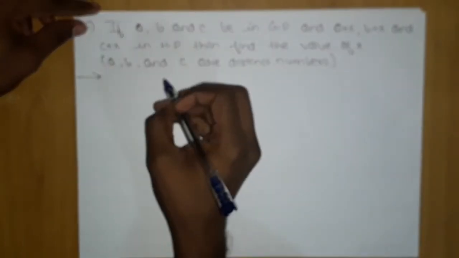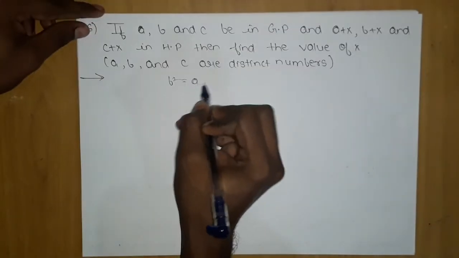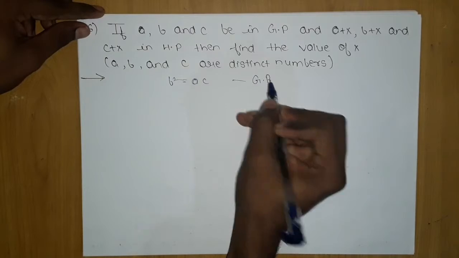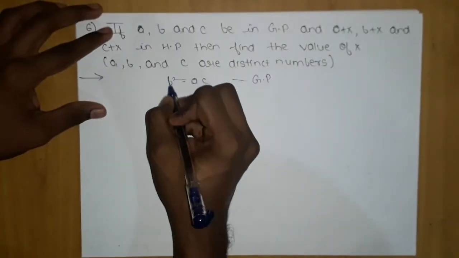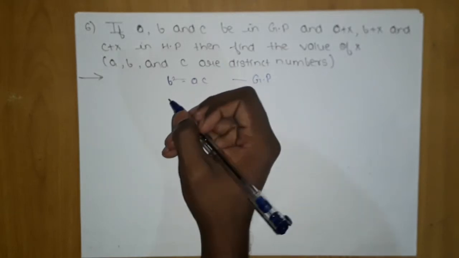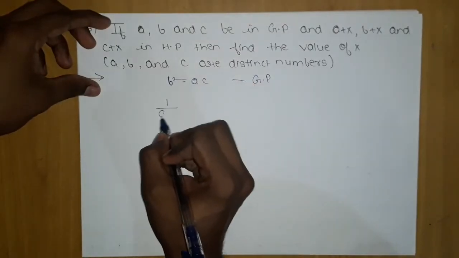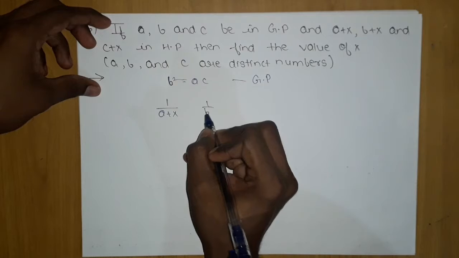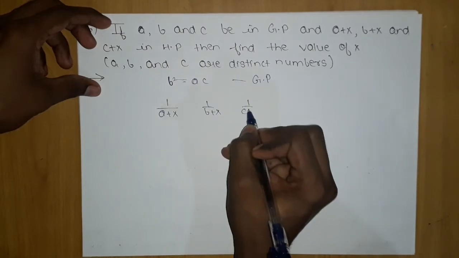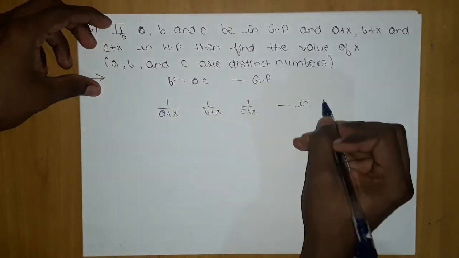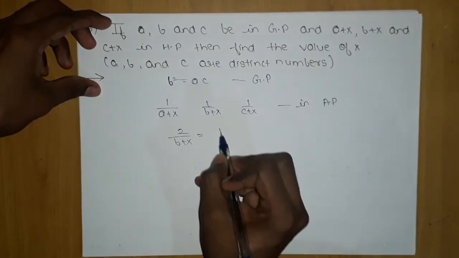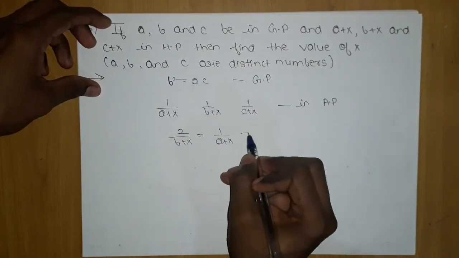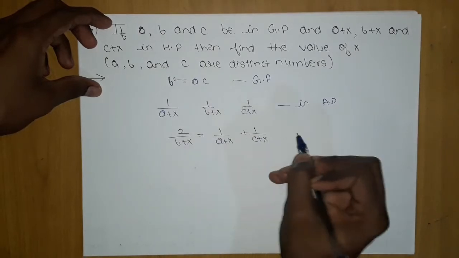So one thing which you are very sure of is that b square is nothing but ac. The reason is very obvious, we have done so many problems on GP that this is the basic property of GP. After doing this, if it is in HP, then 1 upon a plus x, 1 upon b plus x, 1 upon c plus x are in AP. Then just apply the basic formula of AP: 2 upon b plus x is nothing but 1 upon a plus x plus 1 upon c plus x. Now let's modify this.